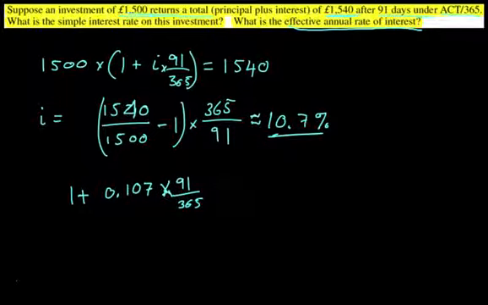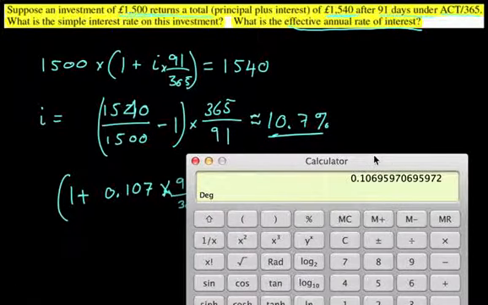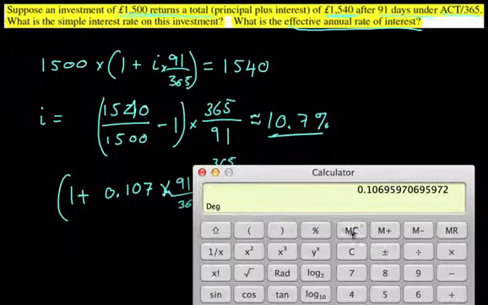That's essentially what we did over here to get our new figure. And then I'm going to compound it the number of times that 91 goes into 365. So 365 divided by 91, which is how many times 91 goes in there, which is a bit over 4. Let's use the calculator over here. I'm going to say 0.107 times 91 divided by 365 is that.